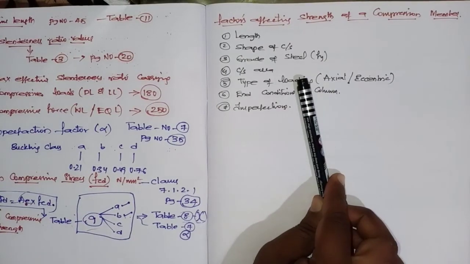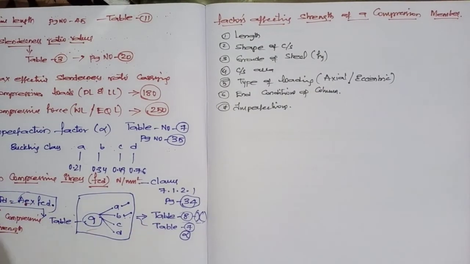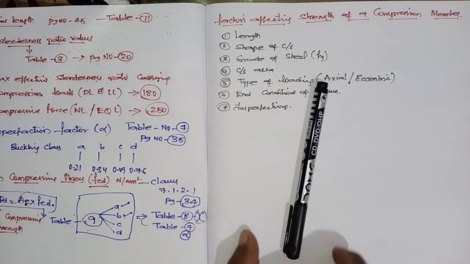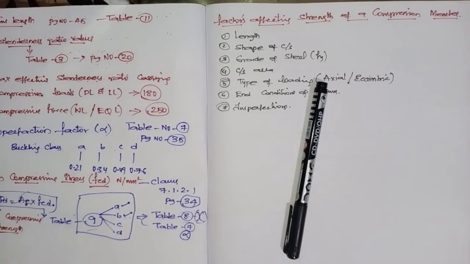It may be somewhat inclined, or the cross section may be non-prismatic. Prismatic means the section is the same throughout the length. So the column may have imperfection because of being a non-prismatic member. These are some of the factors affecting the strength of a compression member.